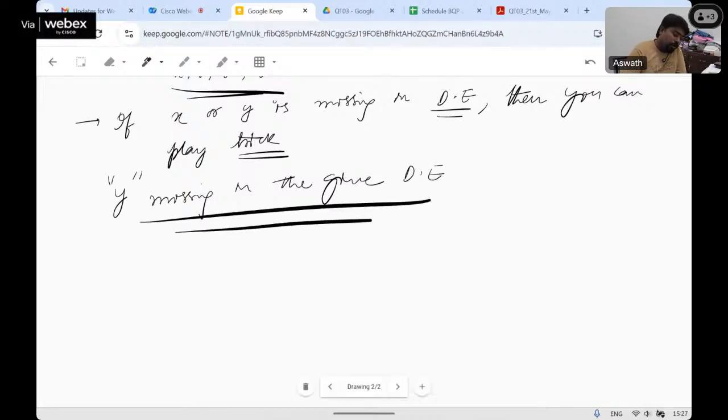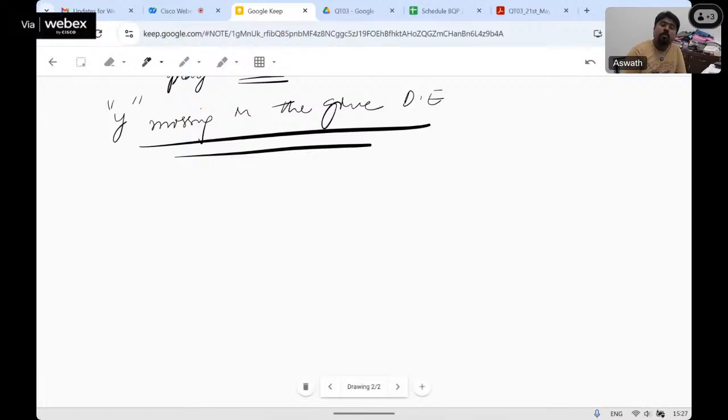In that case, what you can do is define a new variable, let's say p, which is equal to the derivative of that function y.